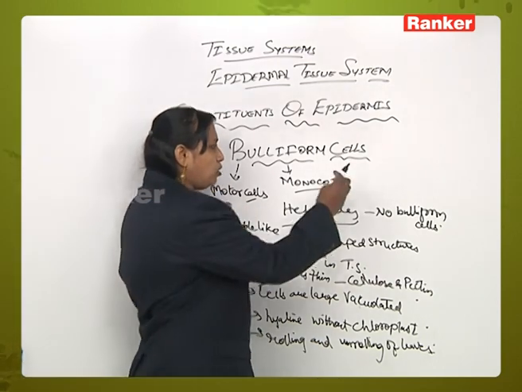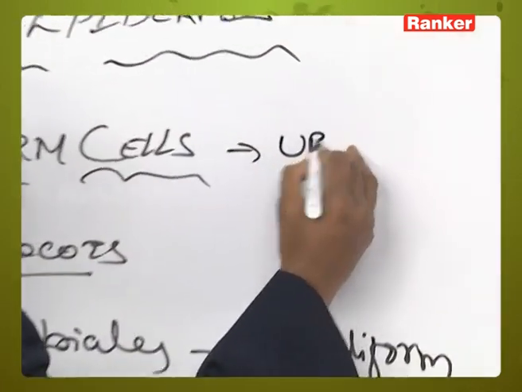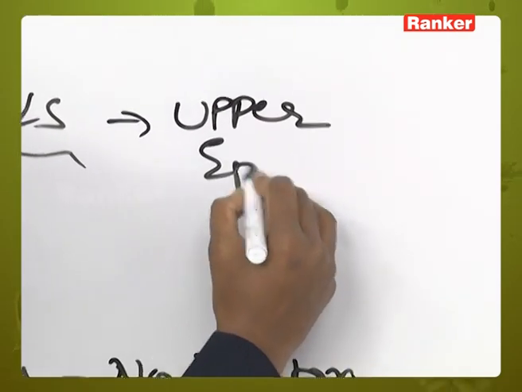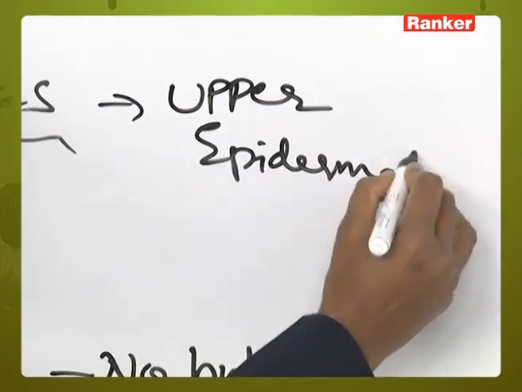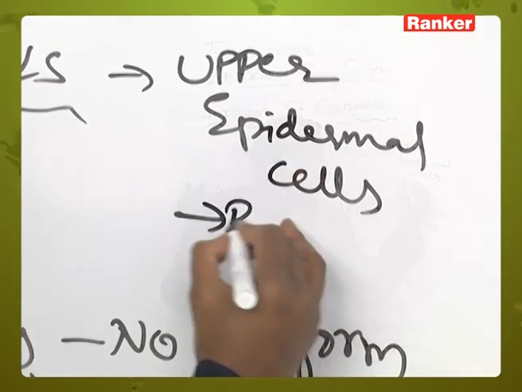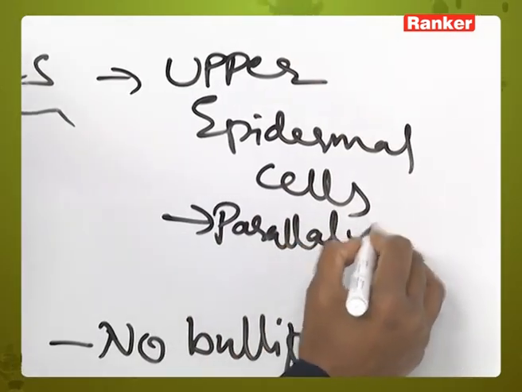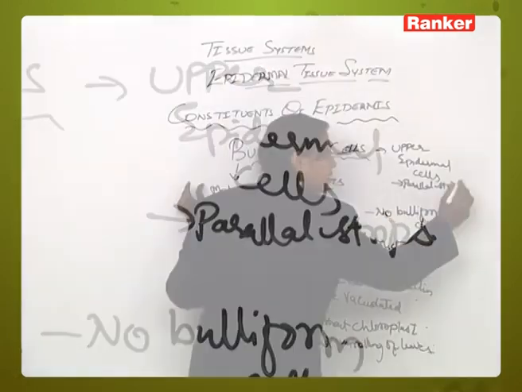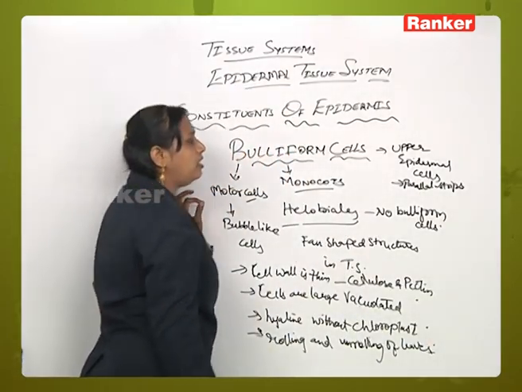Here, buliform cells are mostly seen in the upper epidermal cells, and these are present in the form of parallel strips alternating with the veins.